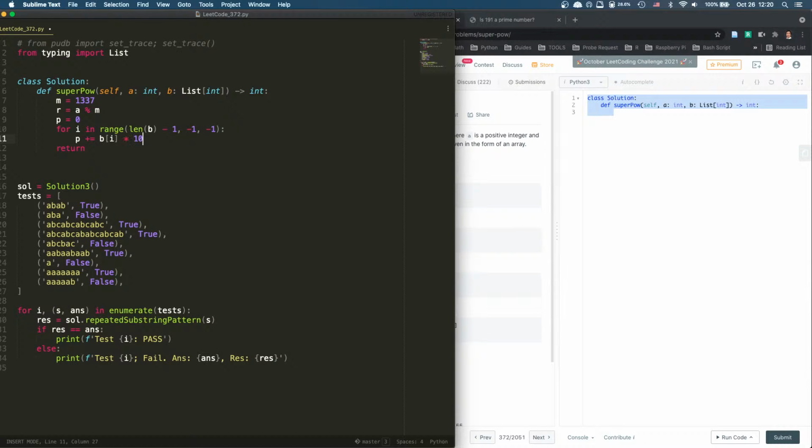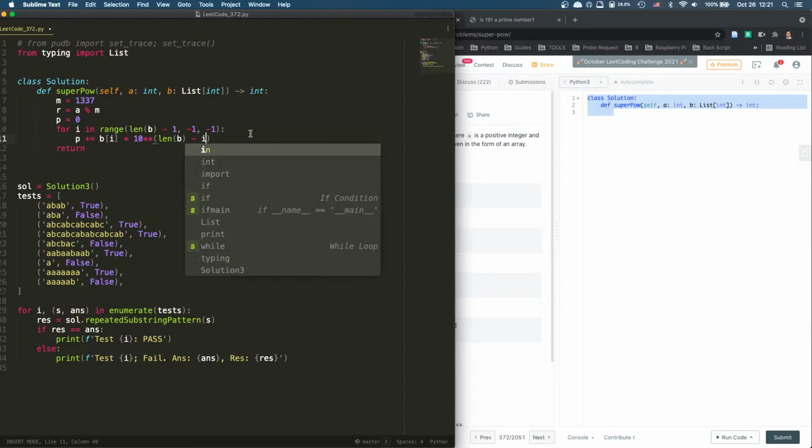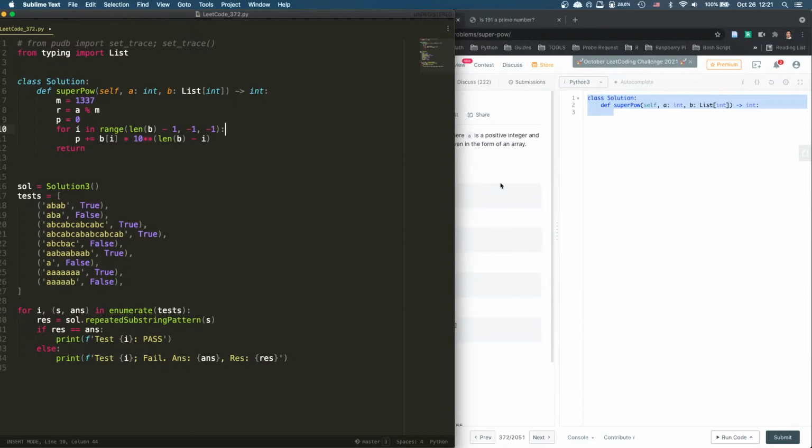times 10 to the what power? 10 to the len b minus i power, right? No. Oh, yes.